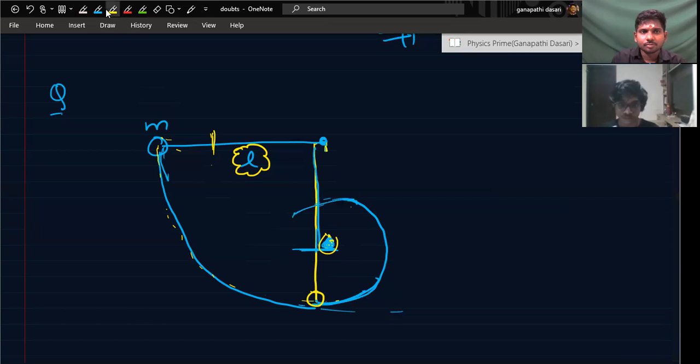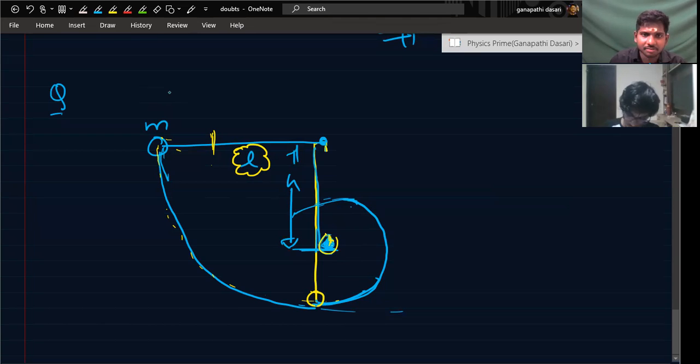Now the point is, this is given as h distance. Whatever, the nail is at a height of h. Now it will move in a circle.